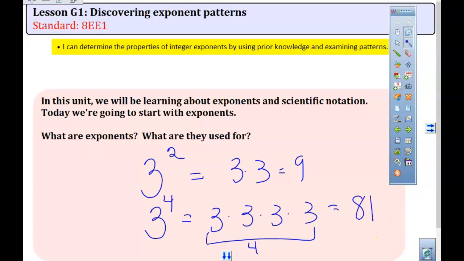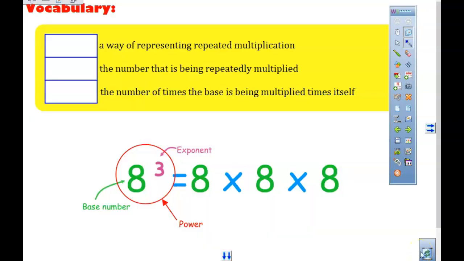As you look at that next part in your notes, it says, as we look at this whole thing down here, 8 to the 3rd, the exponent is the 3, the base is 8, and the power is this whole thing that's circled. In that first blank, please write in the word power, is a way of representing repeated multiplication.